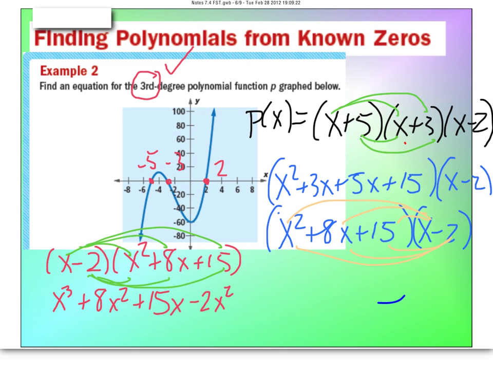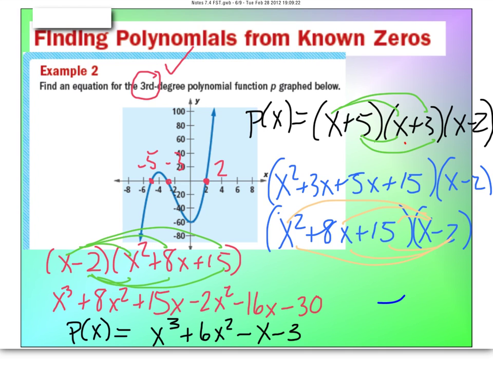Negative 2 times a positive 8x is -16x. And -2 times a positive 15 is -30. If you add the like terms, we're going to get the final equation. And we're going to put it in standard format as x cubed plus 6x squared minus x minus 30.